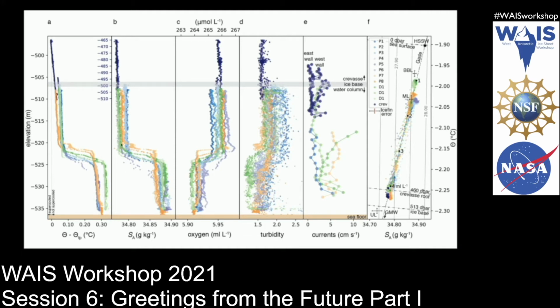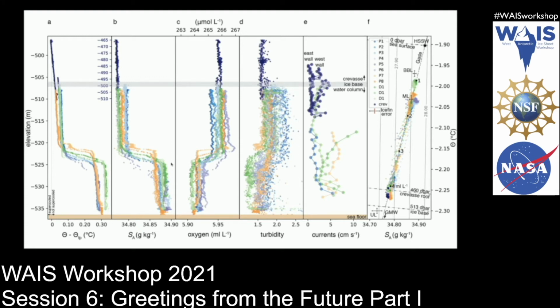So salinity is mirroring the temperature, and the dissolved oxygen is inverse of that, and we understand that to be due to meltwater input raising the oxygen in that upper layer, and also raising the turbidity. As the ice melts, it rains out sediment, and that's suspended in that upper water column.